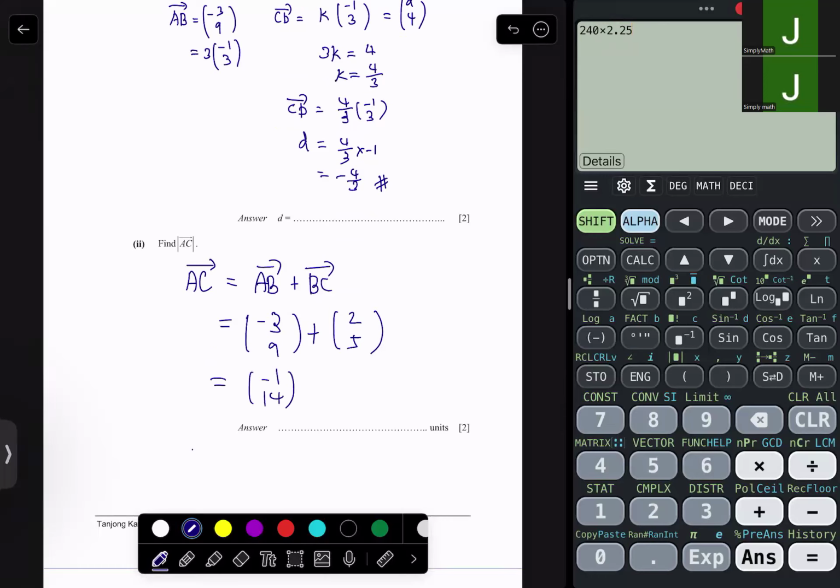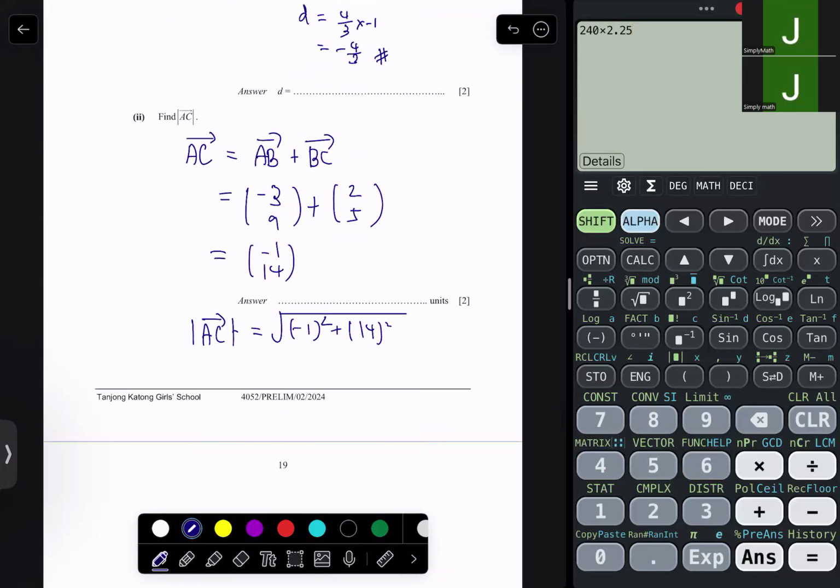The question is asking for the magnitude of AC. So it equals the square root of (-1) squared plus 14 squared, which equals the square root of 117, which is 14.035, rounded off to 14.0 units. Unit, not unit square, unit.